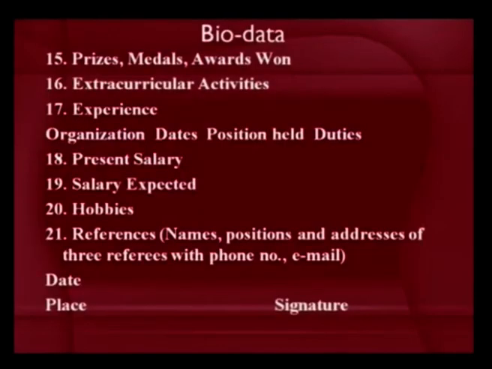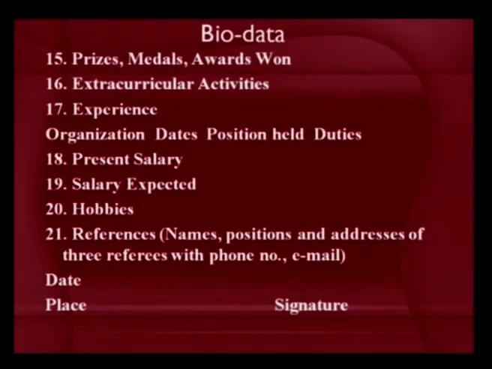Why should you be cautious while giving details about your prizes, medals, awards won, when you can give everything about educational qualifications? The reason is this: in some cases you might not have won some prizes, you may not have medals, you may not have awards. So, when I say prizes, medals and awards, only if you have one of these three categories, then you can put them.